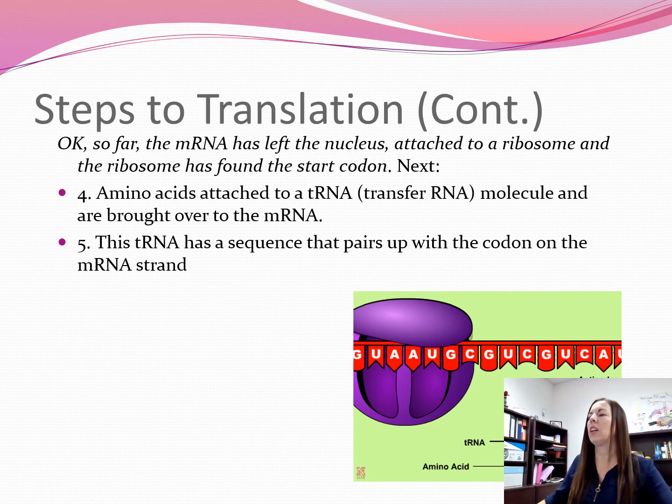So the first tRNA that's going to be brought up is going to be something that makes a complementary base pair with AUG, right? So it would be UAC.